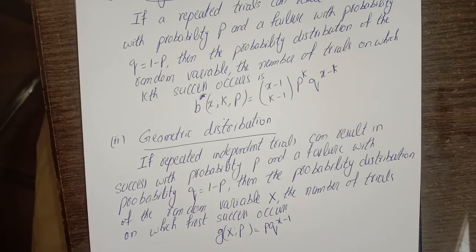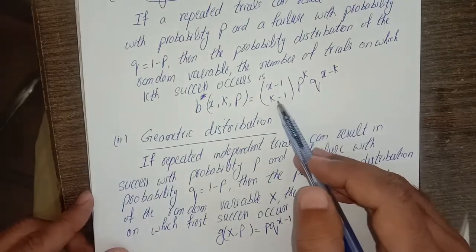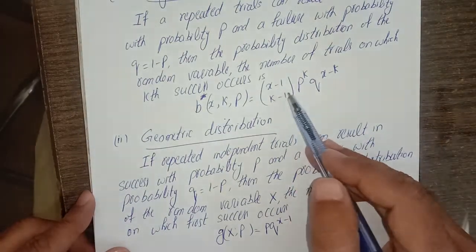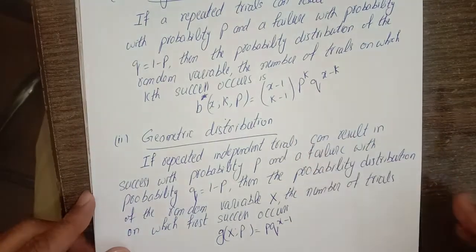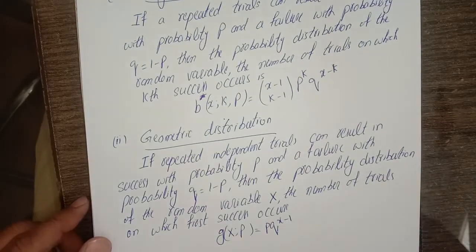Negative binomial is the case of the number of trials for k successes, where k is greater than 1. For geometric, k is equal to 1. You can also put k equal to 1 in the negative binomial formula, and you get the same result.